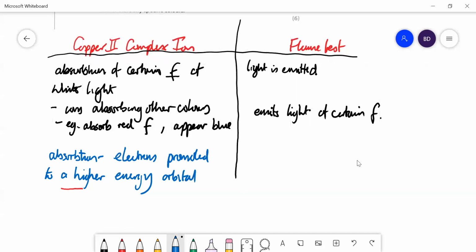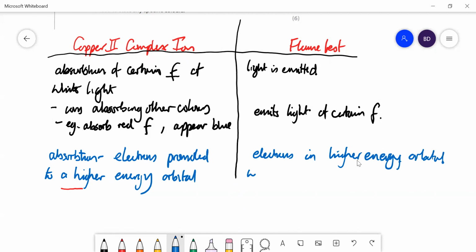Whereas in the case of the flame test, the electrons are in an excited state, in the higher energy orbital, because of absorbed heat energy. The energy for that has come from the heat.